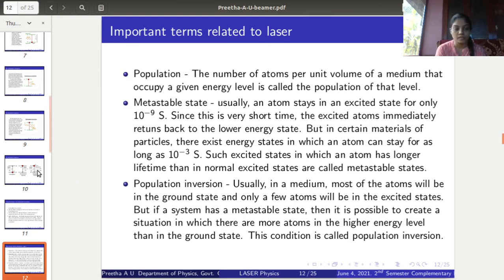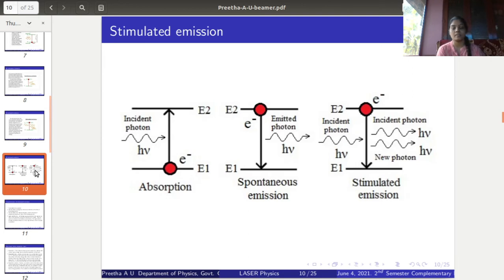So what is this explaining? Let's go back to this picture. At normal temperature, almost all the atoms will be in the ground state. If they do not receive any energy from outside, all the atoms will be at the ground state.